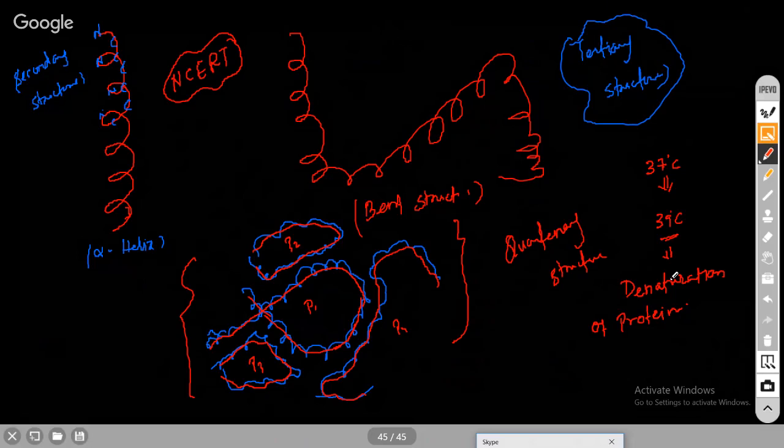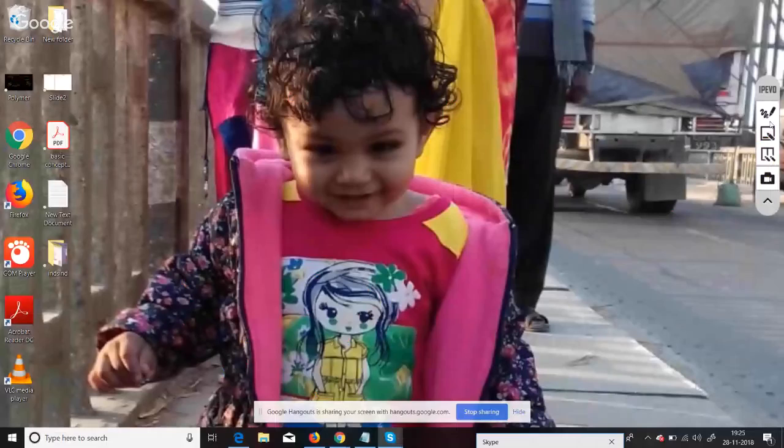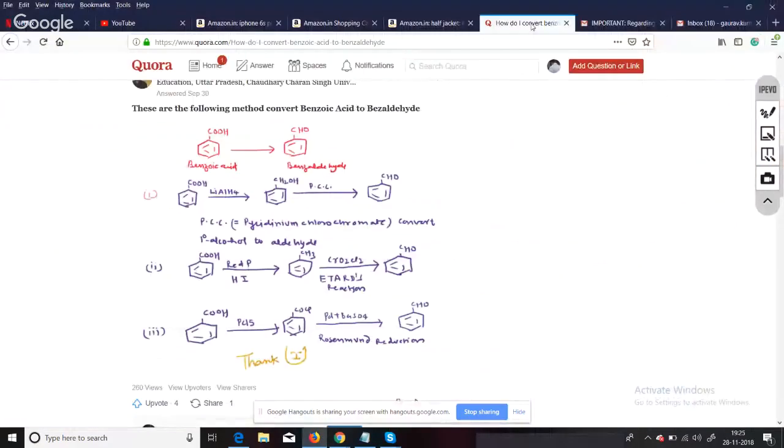Kondane asked me one question, how to convert benzoic acid into benzaldehyde, right? Okay, just a second. I'll show you one thing. See this one.